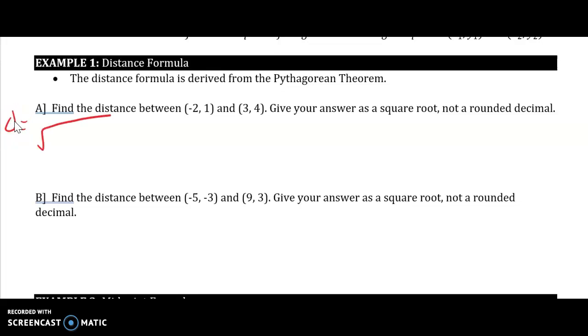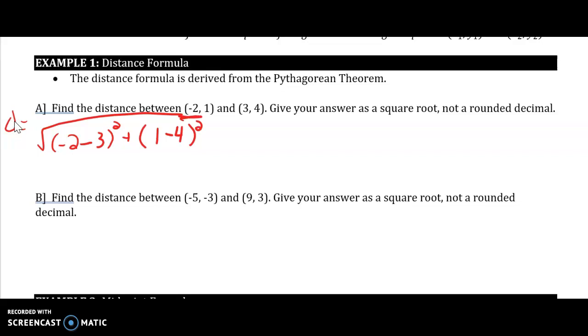We're going to take the square root of our x coordinate minus our other x coordinate, and then we're going to square that. And we're going to add our y coordinate minus our other y coordinate, and then we square that.